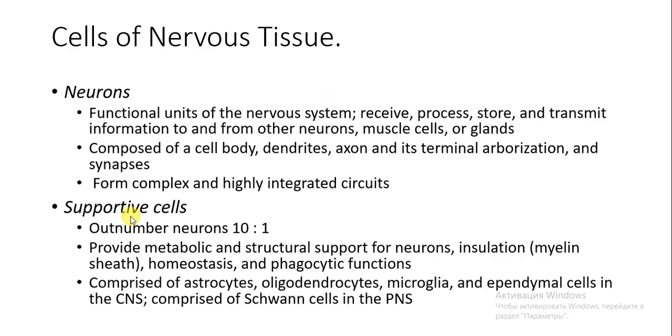Okay, supportive cells. We have a lot of supportive cells because neurons are very gentle. Neurons are like noble persons. I usually compare it this way. Indian students understand it well, because you understand the Indian system. Neurons are like Brahmins.